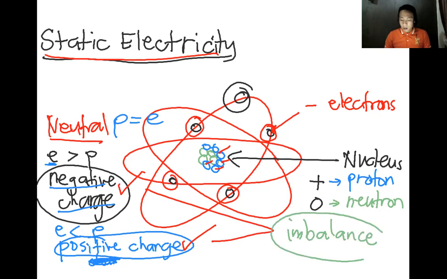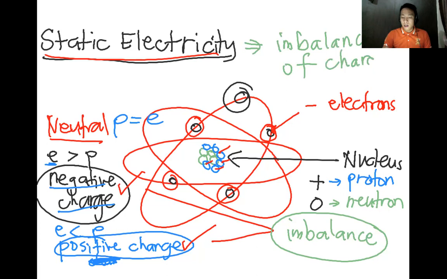And this word is the main summarization of static electricity. When we say static electricity, this is about imbalance of charges. So if there is an imbalance of charges, it will create static electricity.